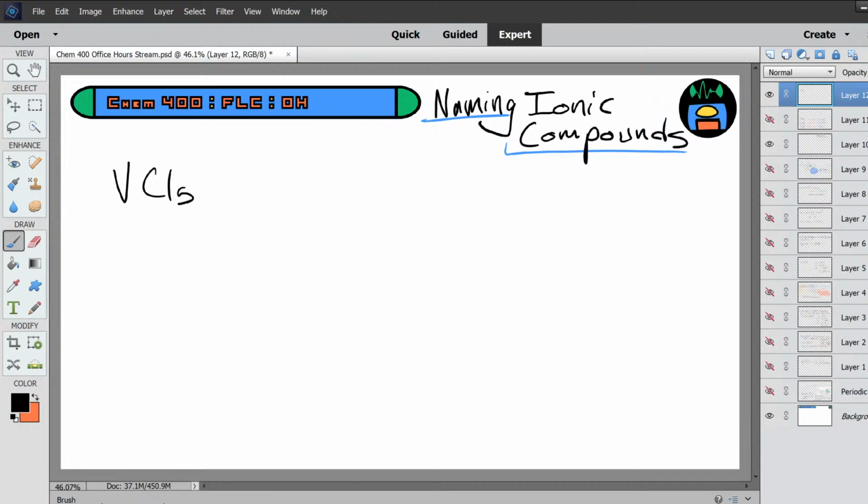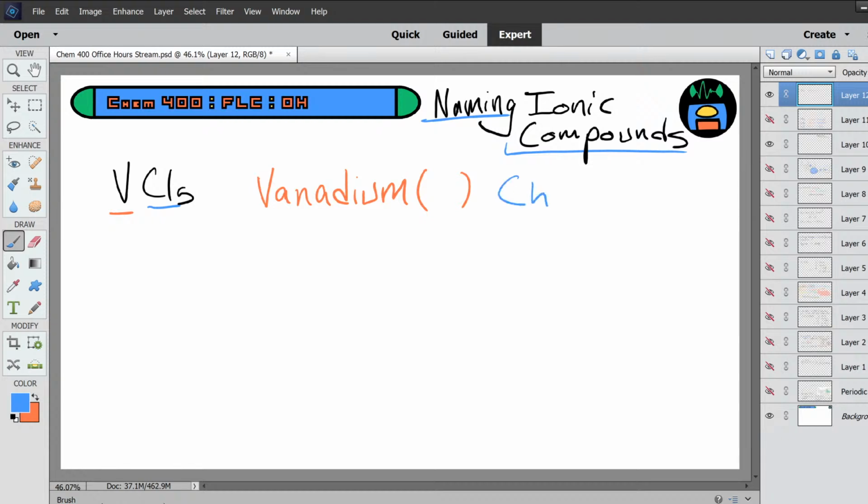If I were to ask you to name this situation, our cation is vanadium. The problem is vanadium is a transition metal, and transition metals have unpredictable charges. They can have any number of charges. And so with our main group metals, we just say the cation name, but for the transition metals, part of that cation's name is explicitly stating the charge. So this would be vanadium something. We'll go back and figure out what that is in a moment.